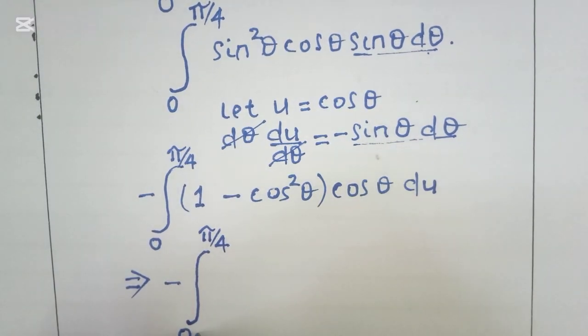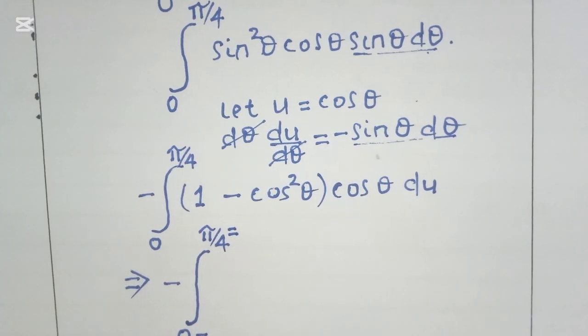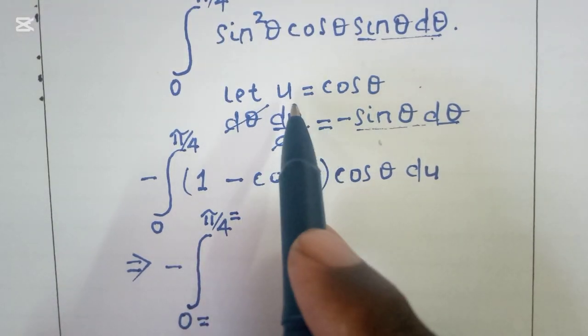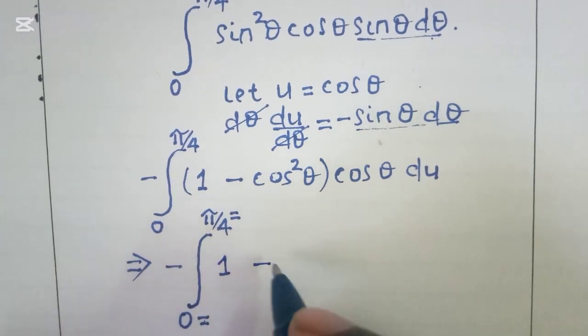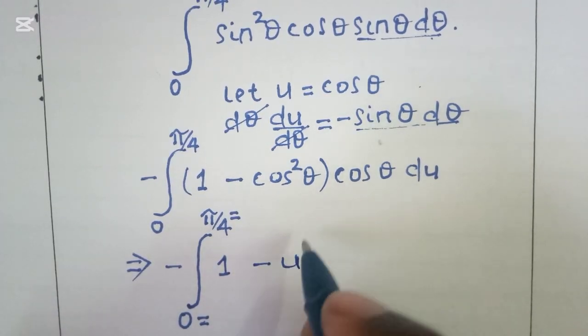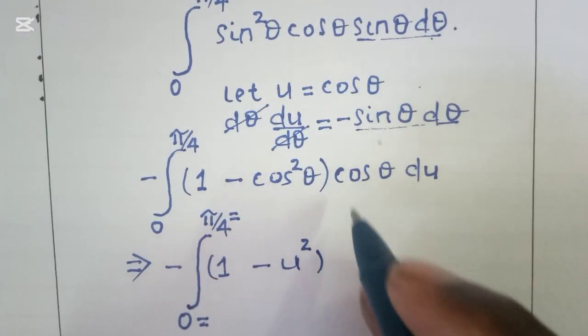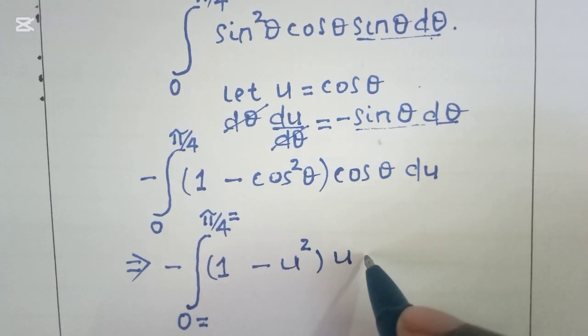So we'll have also to convert the integral limits. That's why I have written like that, guys. So that now we have, replacing cos theta with u, 1 minus, this is now u squared, and then here we have u, and then here we have the du.